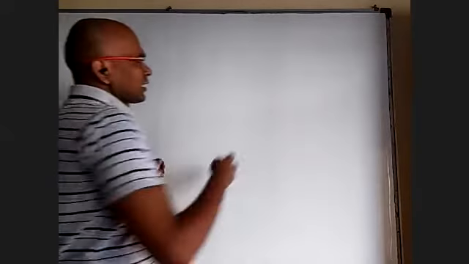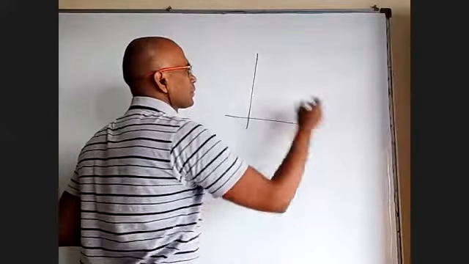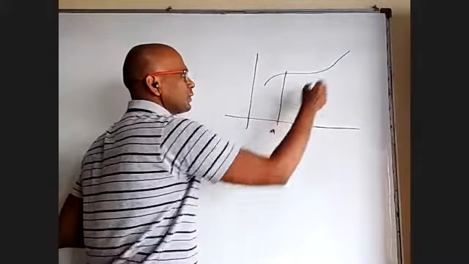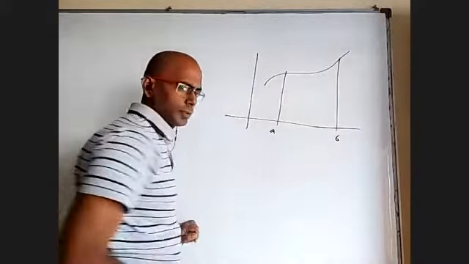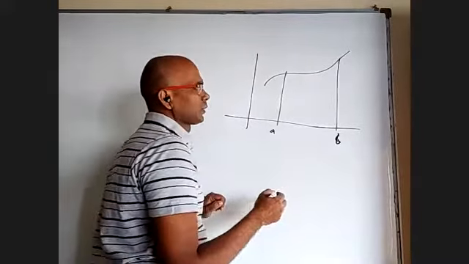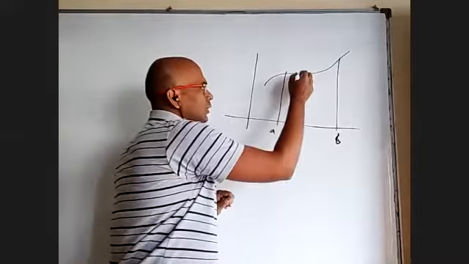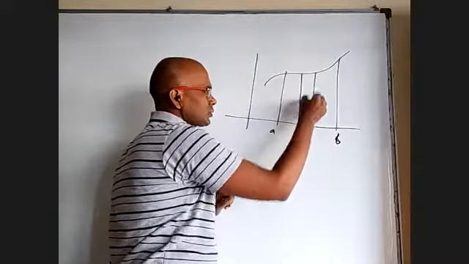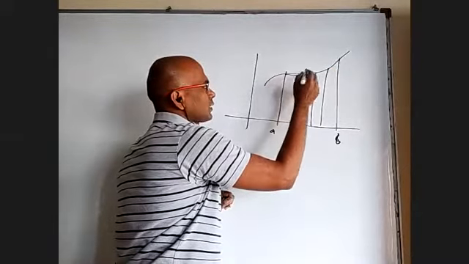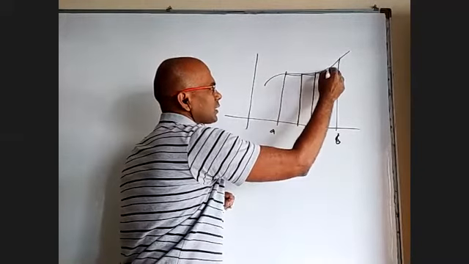I also said right in the beginning, let us say there is a curve, and between A to B I want to find the area under that. So how are you going to find it? I can draw many lines like this. Take this as a rectangle, this is a rectangle, this is a rectangle.